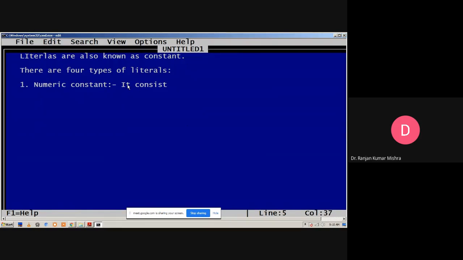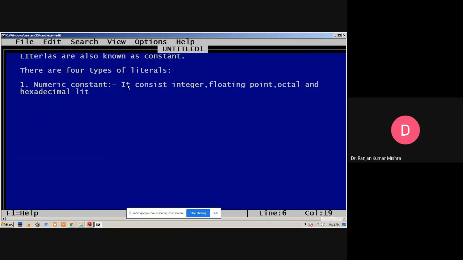A numeric constant consists of integer, floating point, octal and hexadecimal literals.